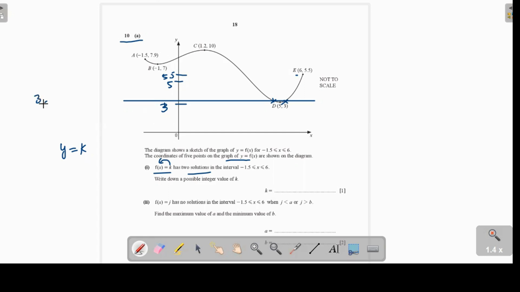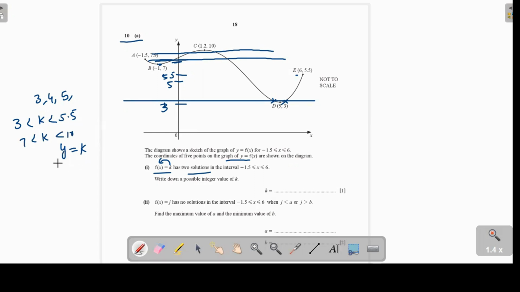Now you can write it as 3, 4, 5, and from above 7, you see here this is the 7, and the line above 7 to 10, less than 10, the graph has two solutions. Therefore the range is k less than 5.5 and greater than 3. And next, k is greater than 7 and less than 10.